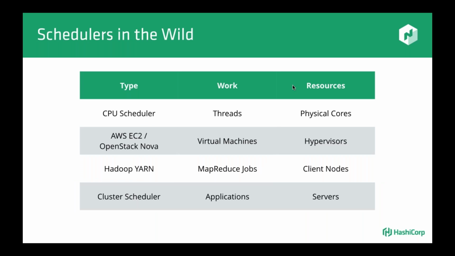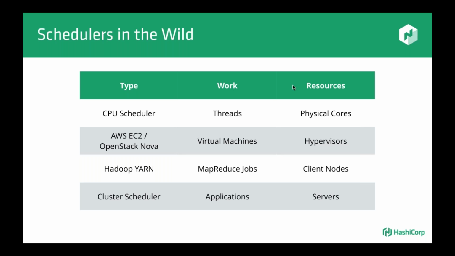And so a CPU scheduler is really just one type of scheduler. In reality, schedulers rule everything around us, and we see them everywhere. CPU schedulers map one type of work, which is threads, onto one type of resource, physical cores. If we think about larger systems like Amazon EC2 or OpenStack Nova, they are effectively giant schedulers that are mapping virtual machines onto a set of fixed hypervisors.